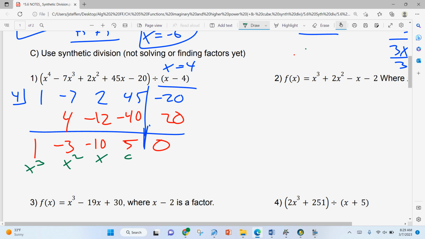One reason I do that is because I have done this in high school, and by the time I'm done, I realize I have to go back and do exponents with x to the third. So your answer for this one is 1x to the third minus 3x squared minus 10x plus 5.